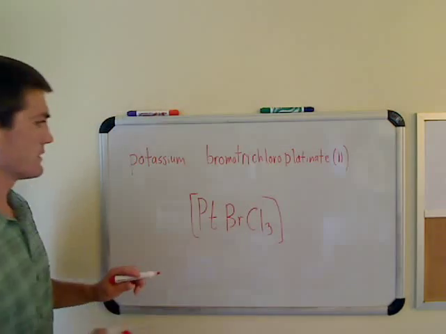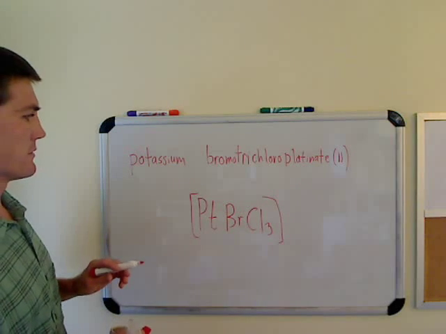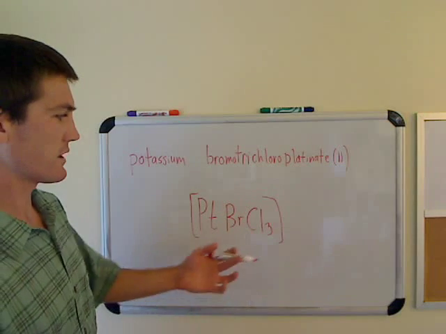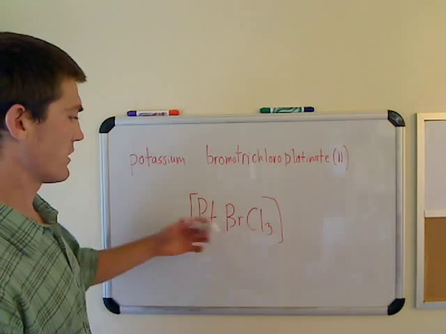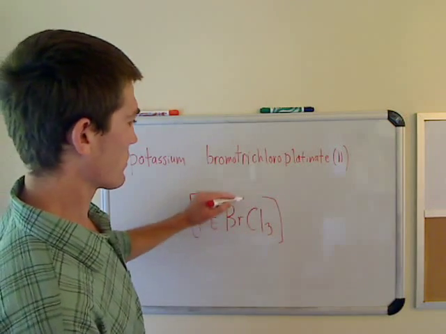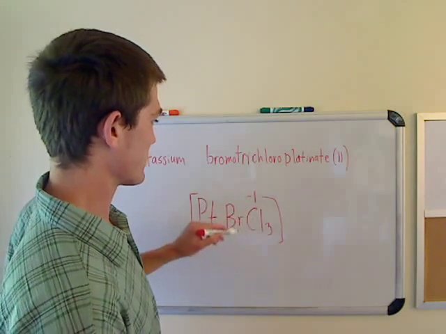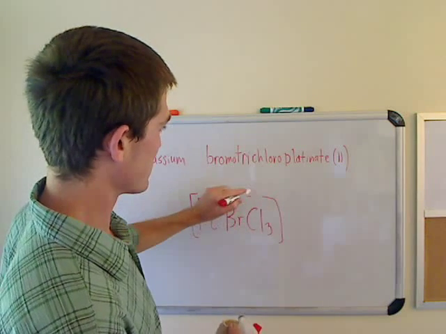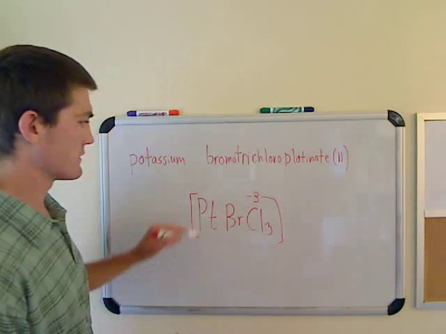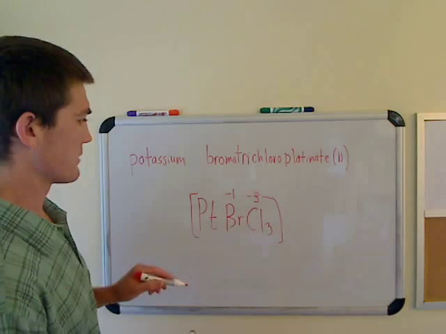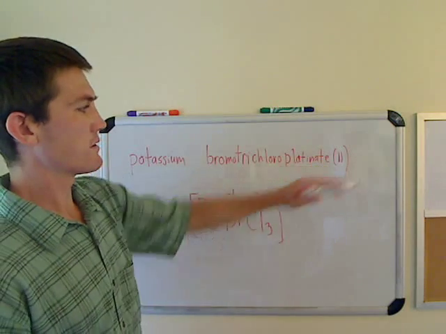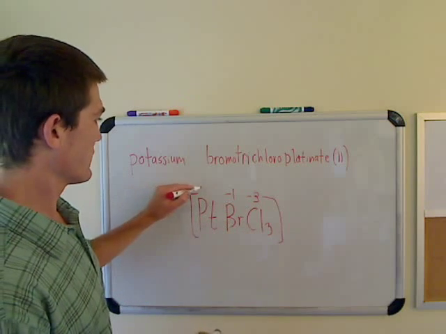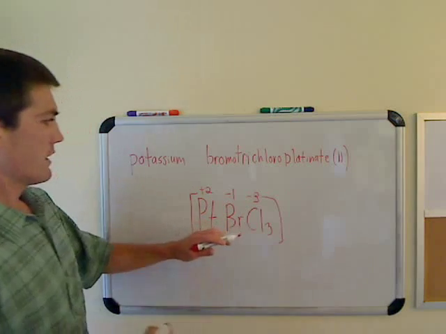Now we need to add our potassium, but we need to know how many potassiums to add. To do that, we have to look at the charge of the atoms. Chlorine contributes a -1, but we have 3 of them, so that gives us a -3 from the chlorines. Bromine contributes a -1. Platinum, we were told, was 2+, so platinum 2.